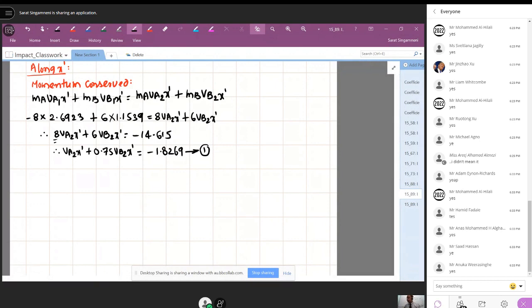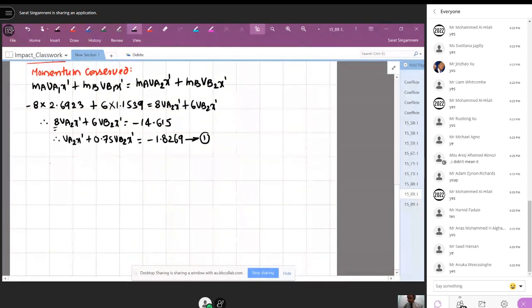Now I'm applying along the line of collision, or line of centers, the coefficient of restitution equation. What is it? e equal to VB2 x dash minus VA2 x dash divided by VA1 x dash minus VB1 x dash.